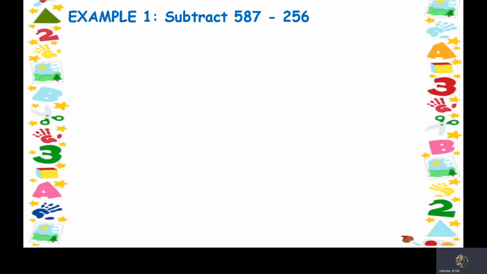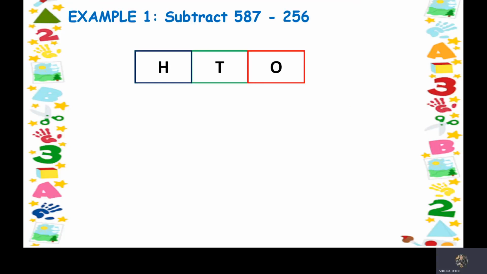Let's take up some examples. Example number 1 is subtract 587 minus 256. So the first step is writing the place value starting from ones, tens, then hundreds. After that, we are going to write the numbers in the boxes again starting from ones place.